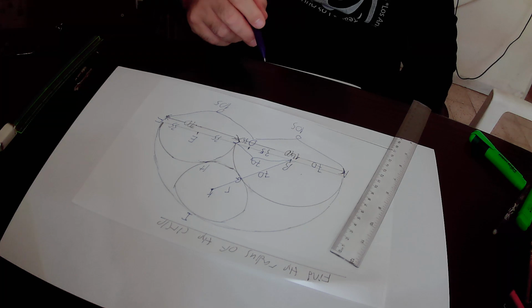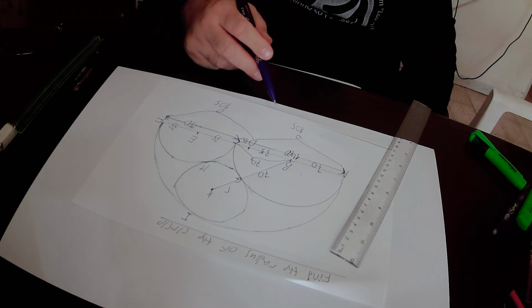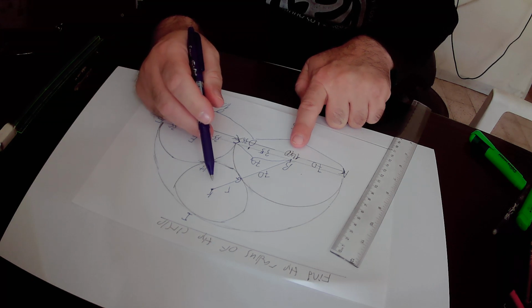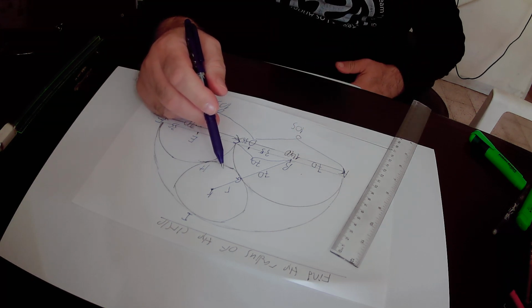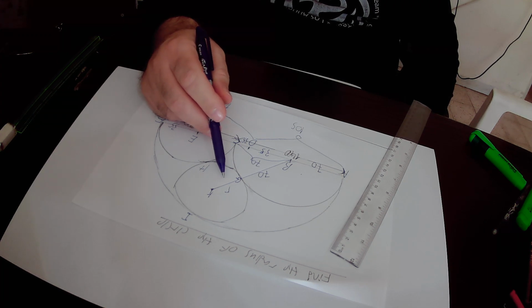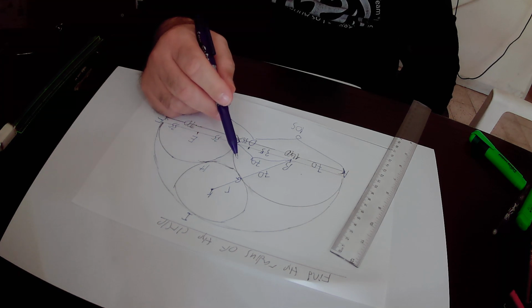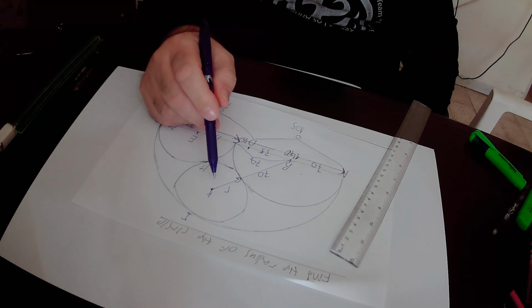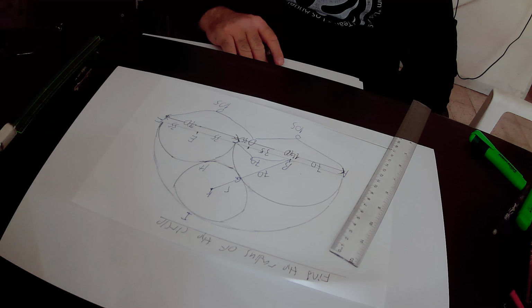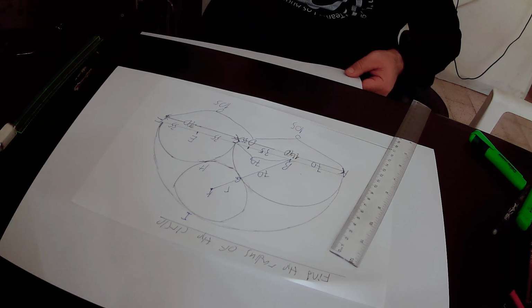And what is the distance between the centers of the semicircle and the circle? The distance is the radius of the semicircle, that is 70 units, plus the radius of the small circle, that is r. So in conclusion, we found out that BK equals 70 plus r.